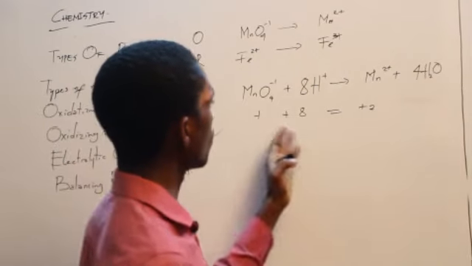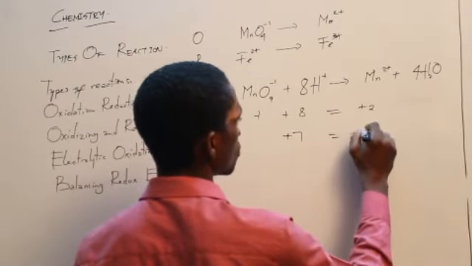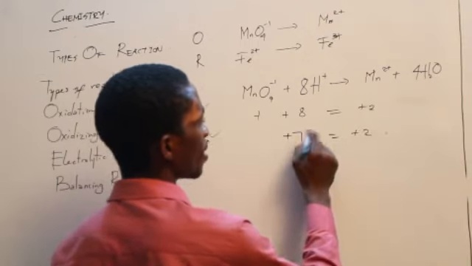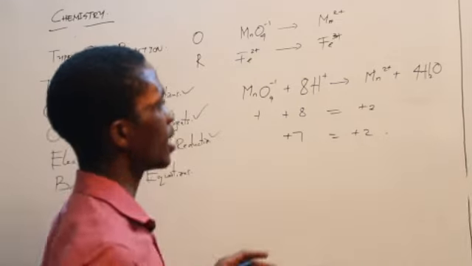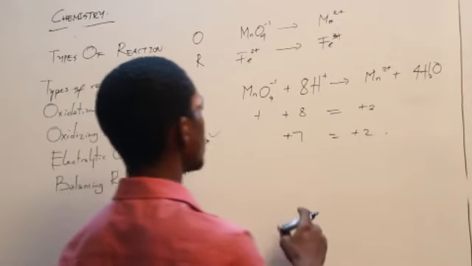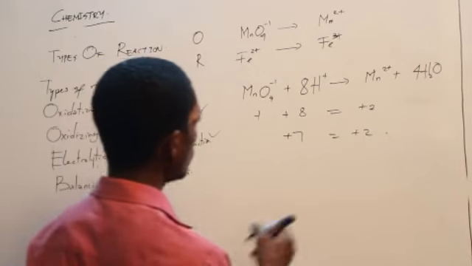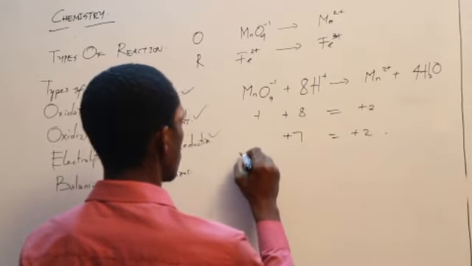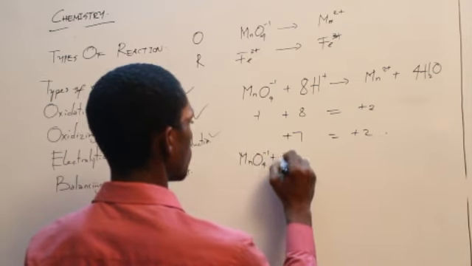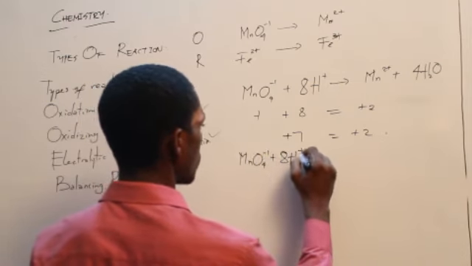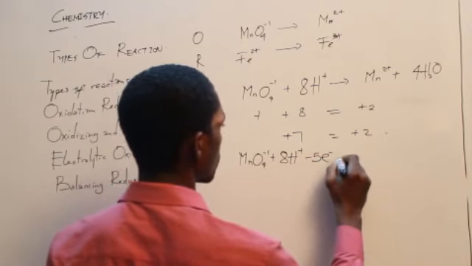So we're having a total of +7 here, and we're having +2 here. We need to introduce -5 to balance out the excess electrons. So to balance out the excess electrons, we introduce to the entire setup -5 electrons.